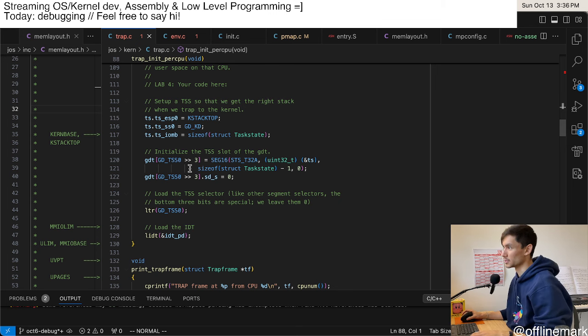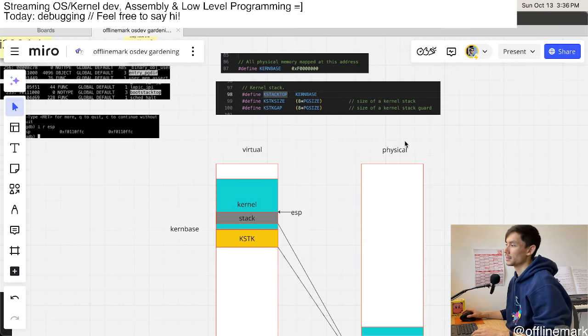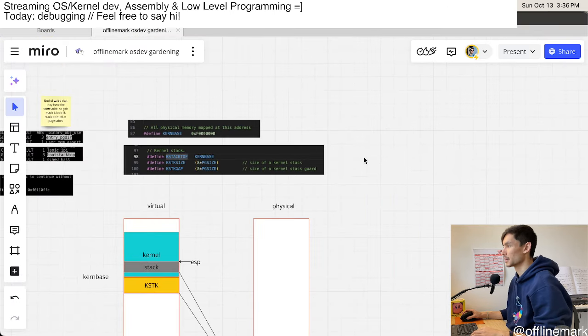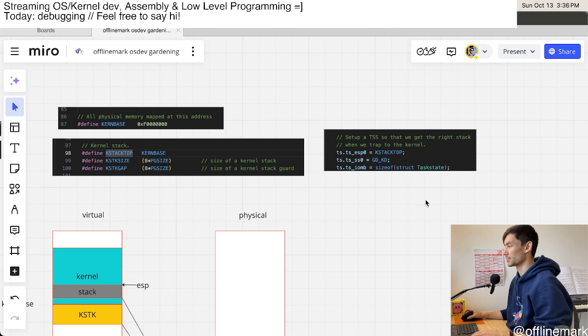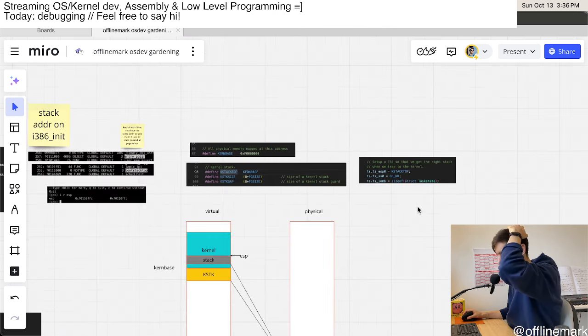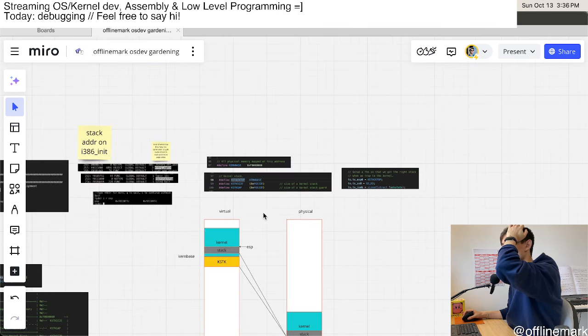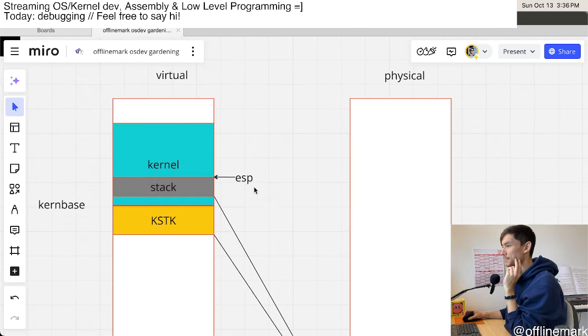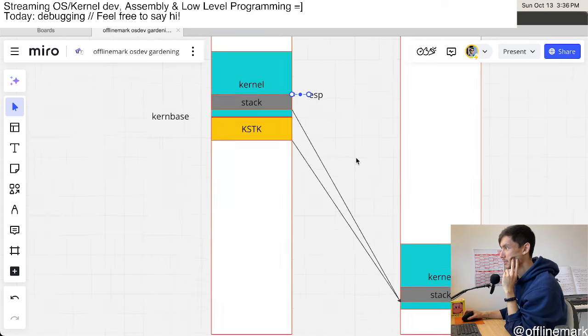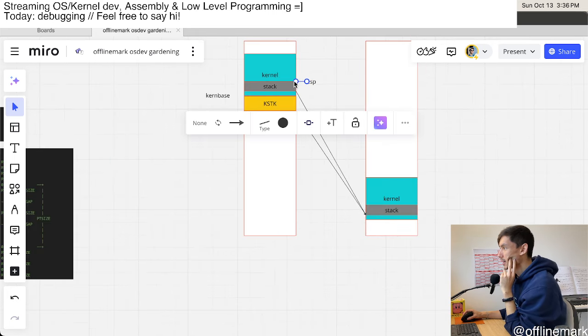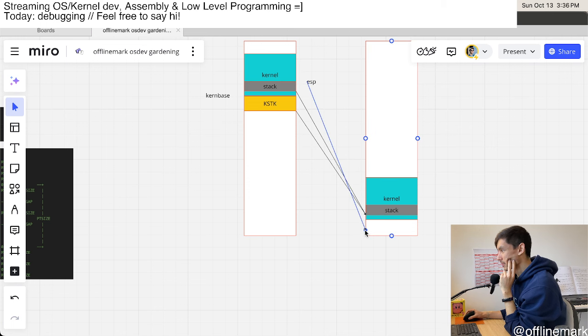In the interrupt handler, we specify this kstacktop to run at. So I think what happens is, okay, first we are running in physical memory, and ESP is pointing to, like, I don't know, some bootloader stuff.